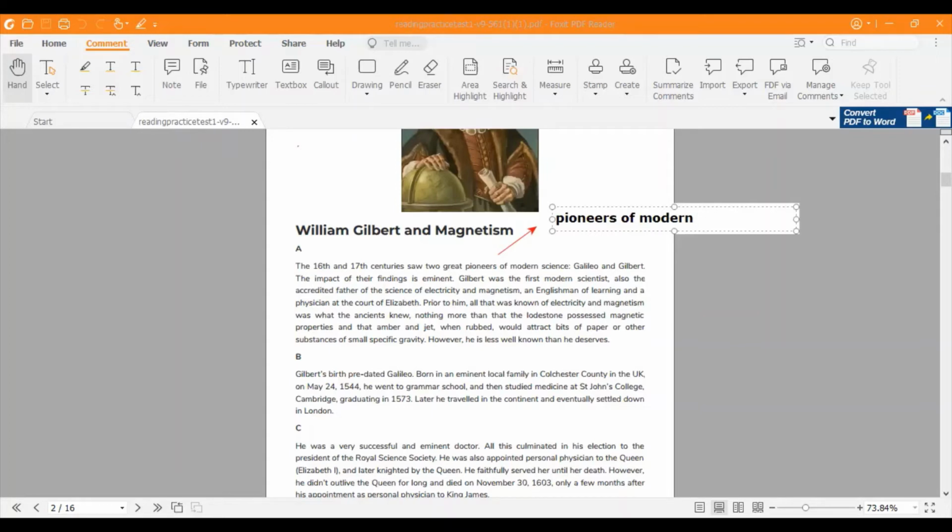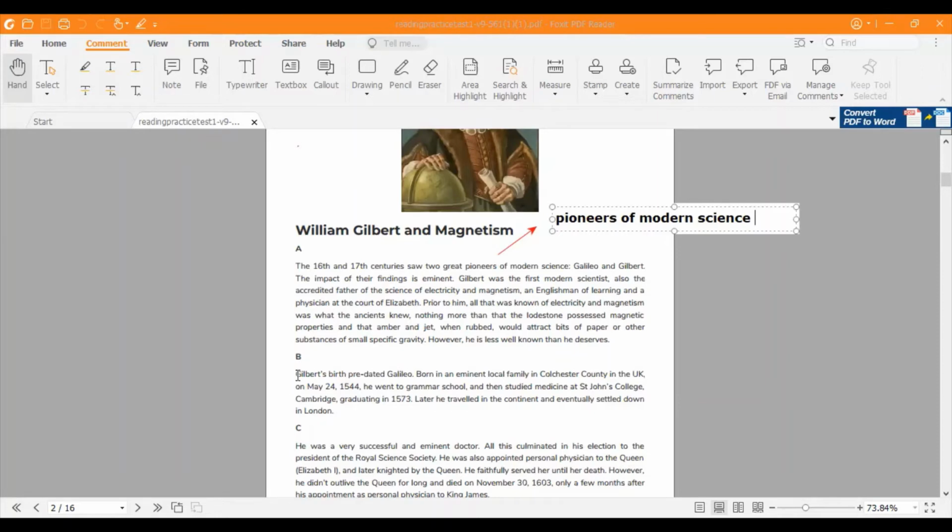Teacher, shall I read the whole paragraph? No. Just read the first and the second sentences, and you will know immediately that this paragraph is going to be about two great pioneers, because this is the topic sentence. Here there are support sentences. They support the topic sentence, which is the great pioneers of the modern science. So this is the first step. That's enough. What else?